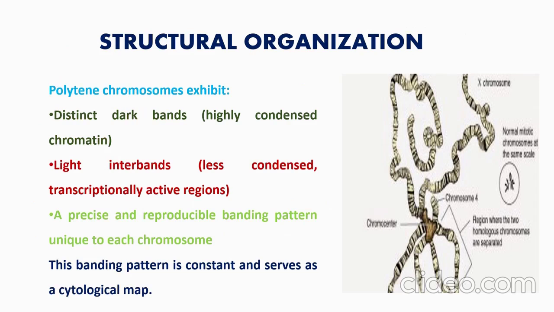Coming to the structure, Polytene chromosomes show highly distinctive and orderly structural organization characterized by alternating dark bands and light interbands along their length.